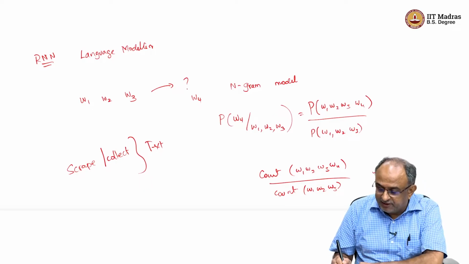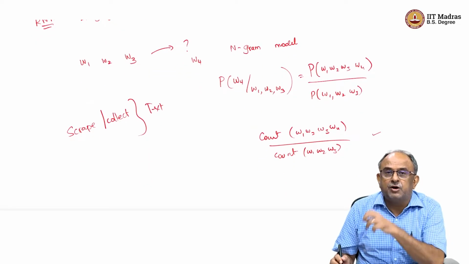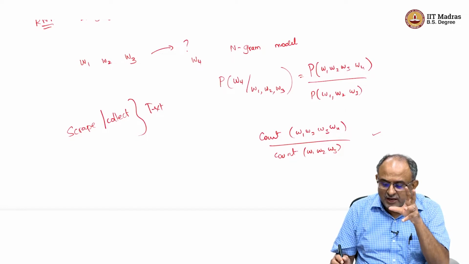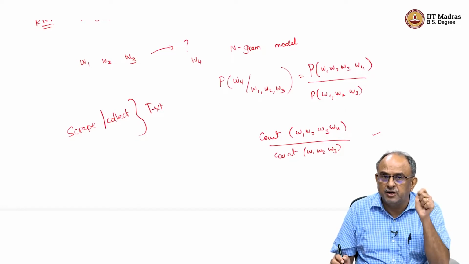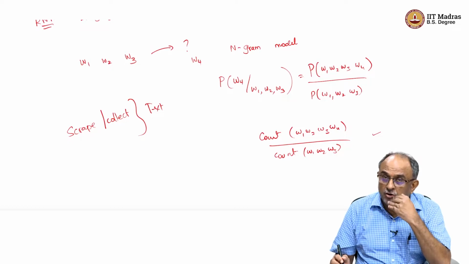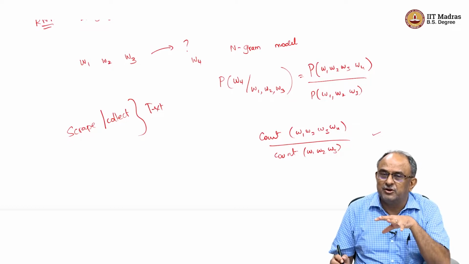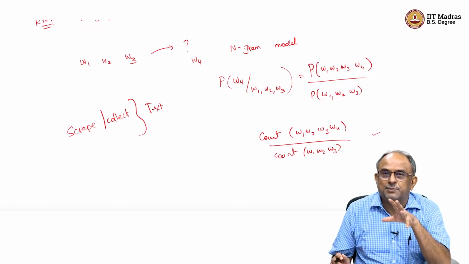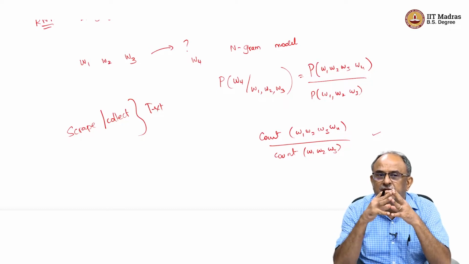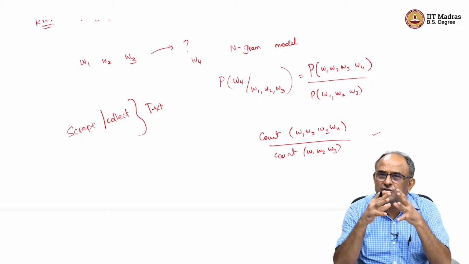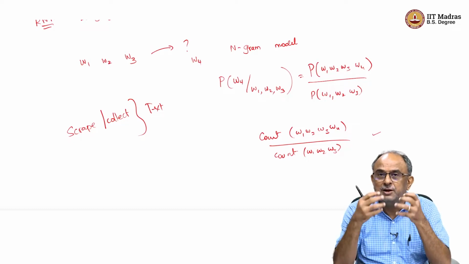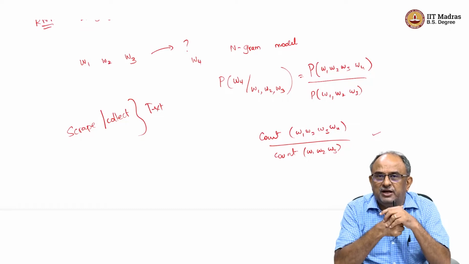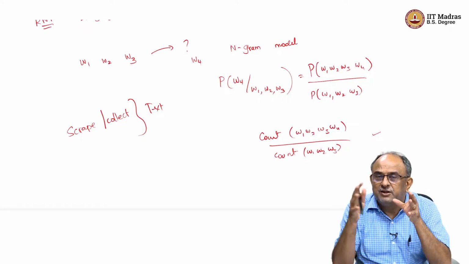Okay. But there is an issue here. Even if I want a 5 word context, it is very rare that such 5 words occur in a sequence. Although it is not that they do not occur. What happens is, in everyday conversation, we commonly use some 2000, 3000 words. But there are words that we use which are very important, but we do not use them every day. Maybe in a week, these words will start coming.